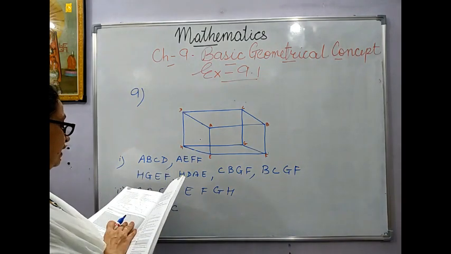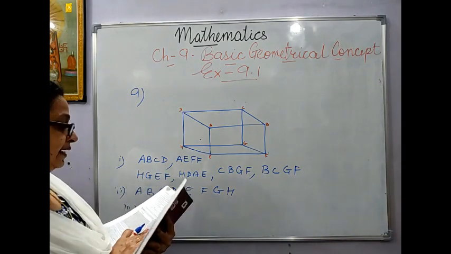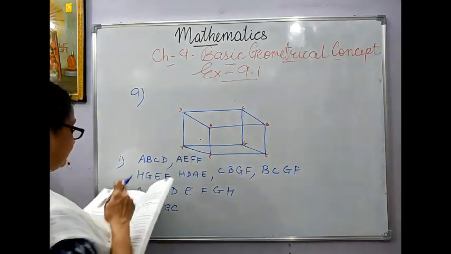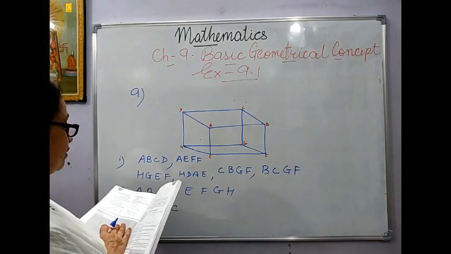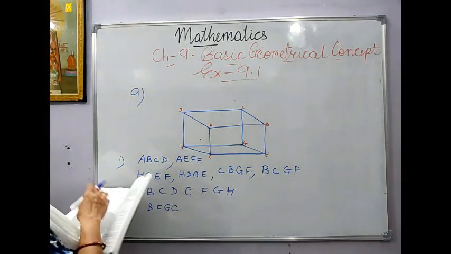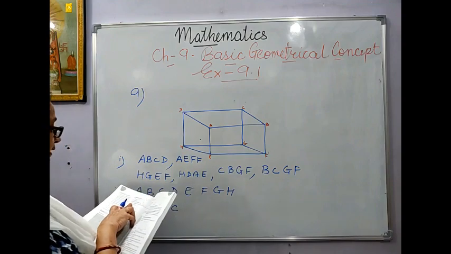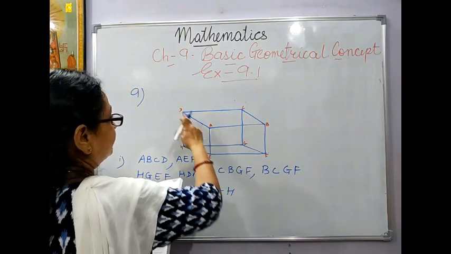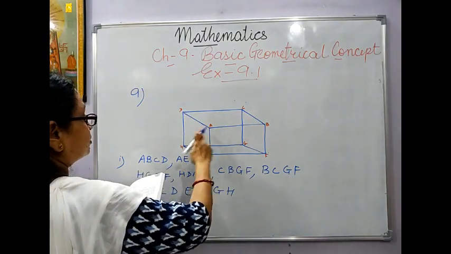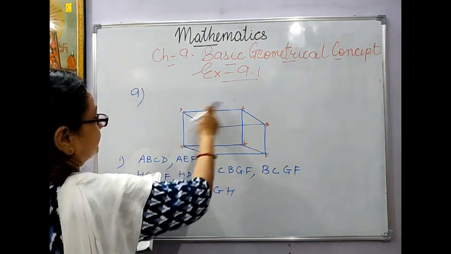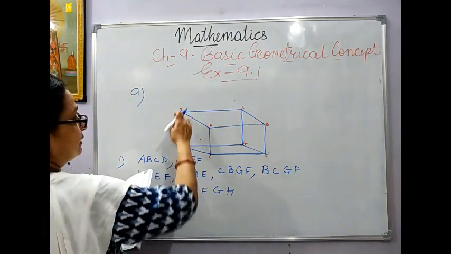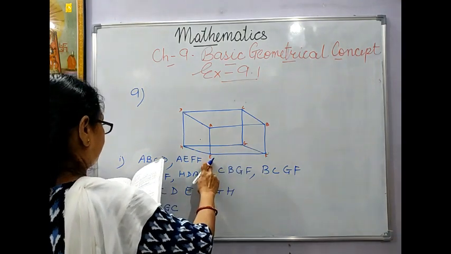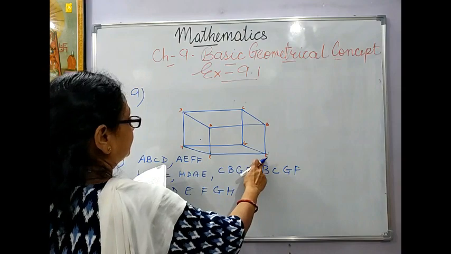Then line of intersection of planes EFGH and the other one. They have asked the line of intersection of the planes EFGH and the plane CDHG. CD and HG, the back side, CD, HG, and the other one is EFGH.